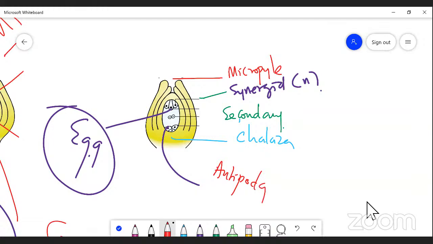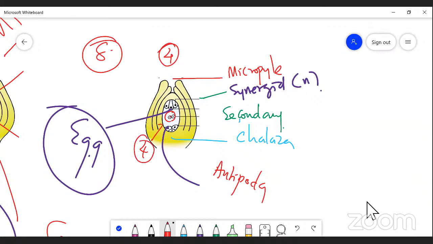So out of the 8 nuclei, we have discussed that in the upper side there will be 4 nuclei, and in the lower side there will be 4 nuclei.